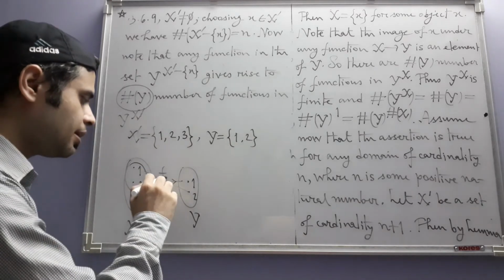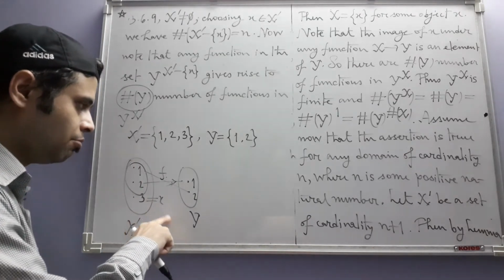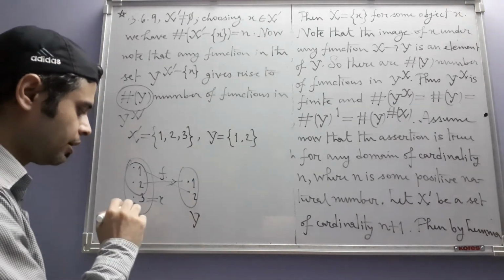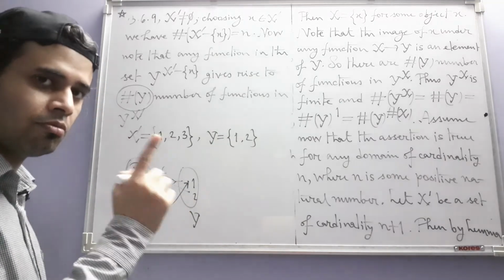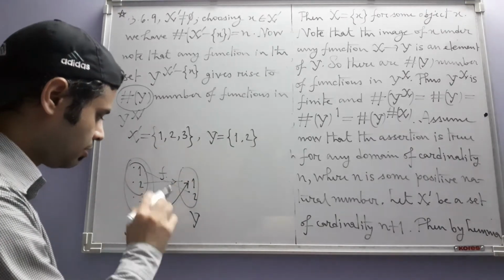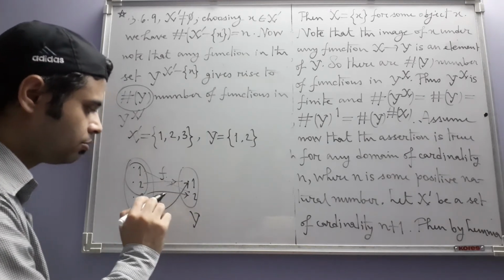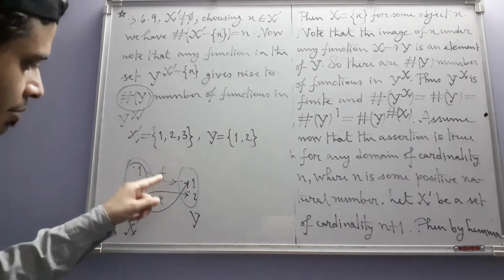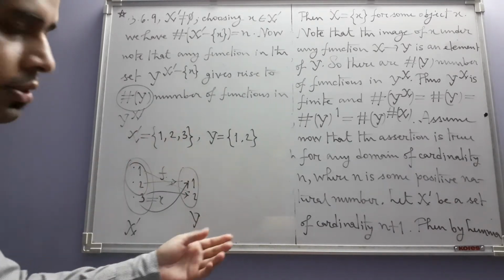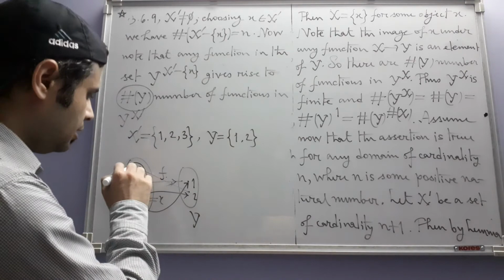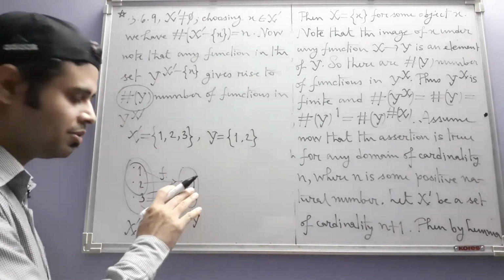Now this f gives rise to, first of all, one extension where the image of 3 is 1, that is one function. On the other hand, you can choose to map 3 onto 2 also. So that same f also gives rise to another extension where image of 1 is 2, image of 2 is 1, those things will be fixed.